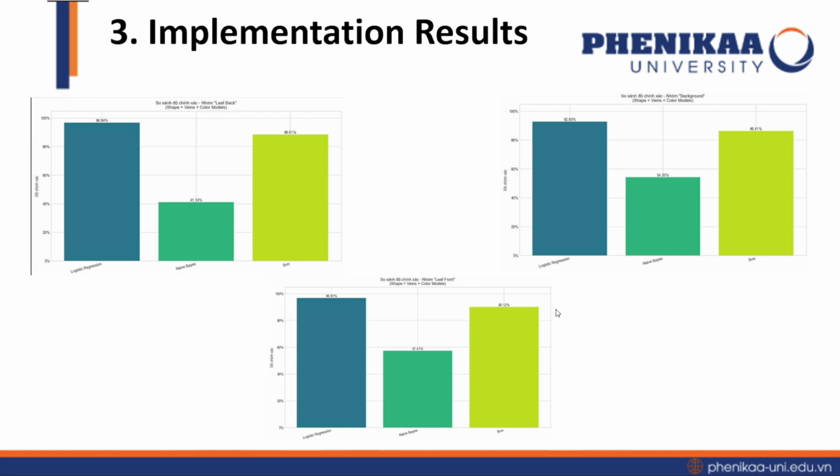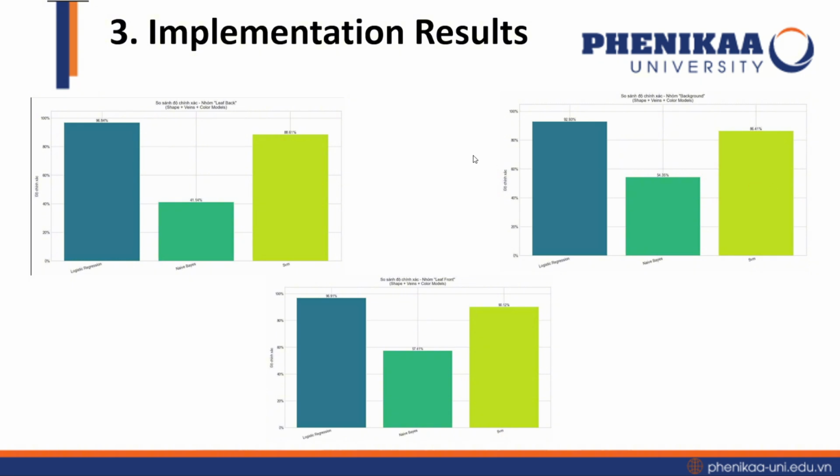SVM ranks second with stable accuracy from 86.41% to 89.12%. Although lower than logistic regression, it still demonstrates good classification ability and can serve as an alternative.